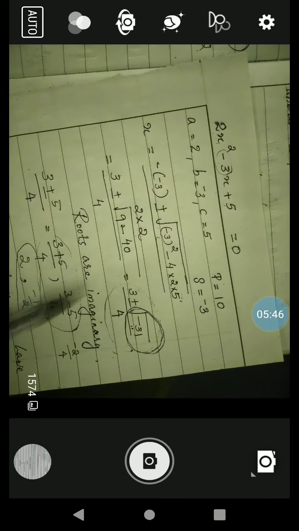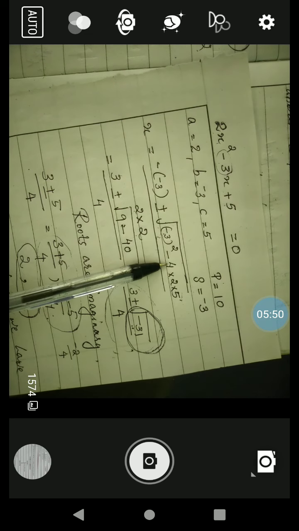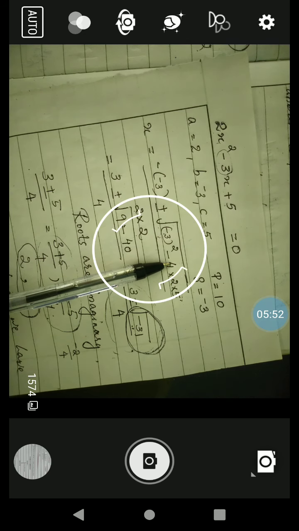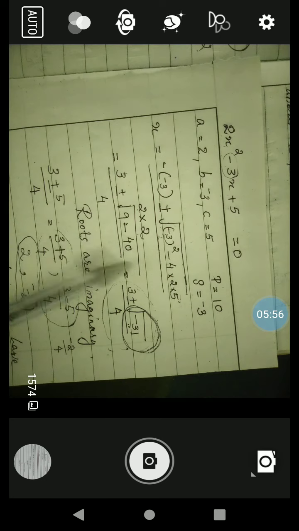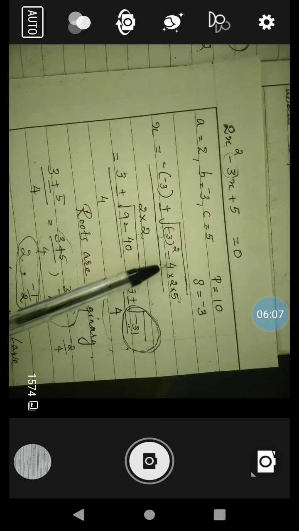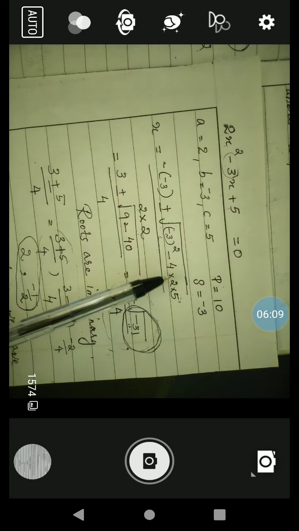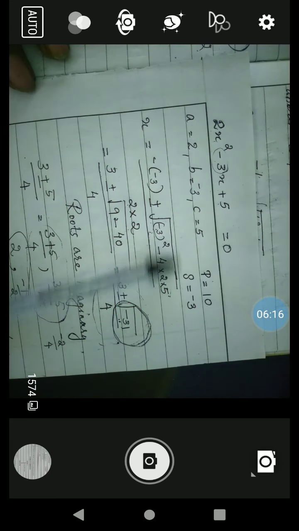So if b square minus 4ac is greater than 0, we can say that the roots are real and unequal. And suppose b square minus 4ac, that means this part, is 0.